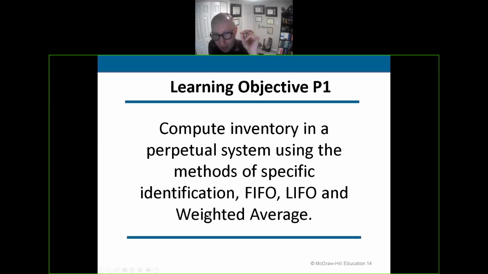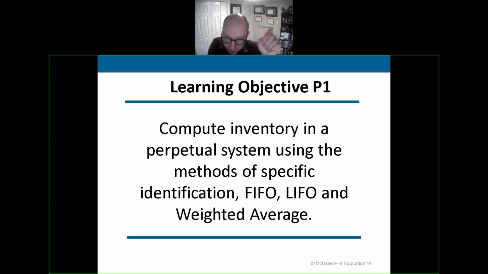Earlier, we talked about having two inventory systems. The perpetual, which means continuously updating, and the periodic, which means we do a physical count. Okay. Perpetual inventory system is the most commonly used.